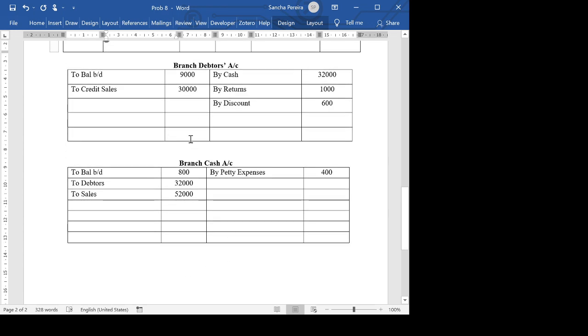So here you have 39,000. This side you have 39,000. By balance carried down, you will have 39 minus 33 is 6,000, 5,400, if I'm not mistaken. Yeah, 5,400. This is the balancing figure.